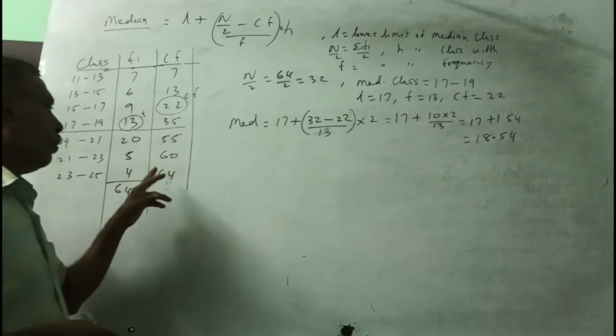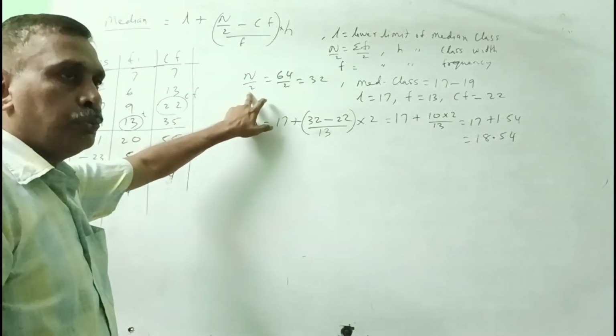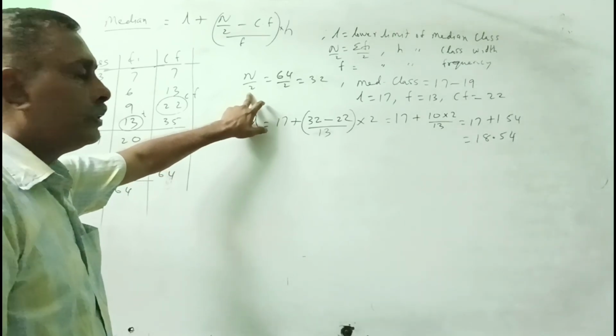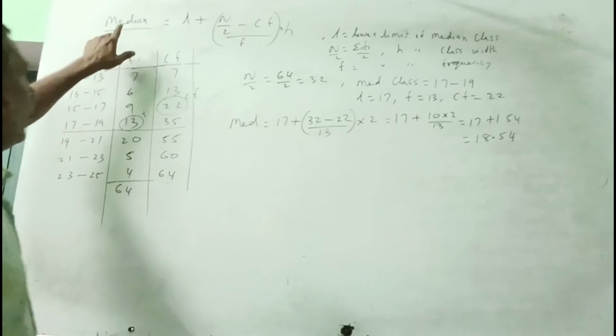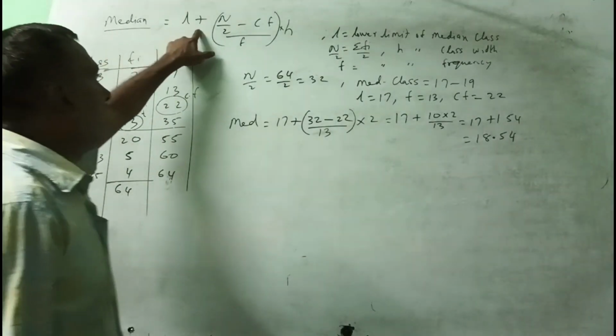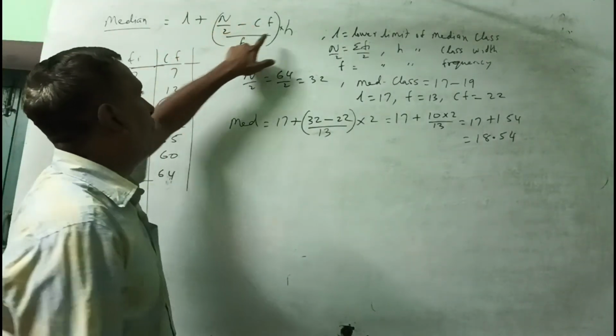Then total frequency divided by 2. That is 64 by 2, 32. To find the median, we use the formula L plus (n by 2 minus Cf) upon f, into h.